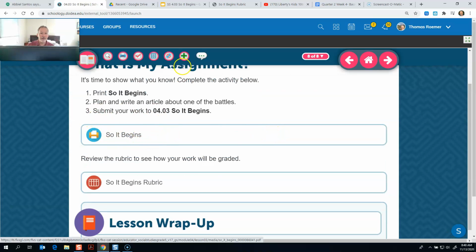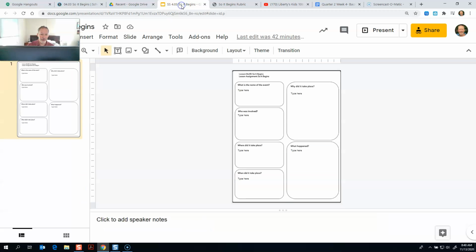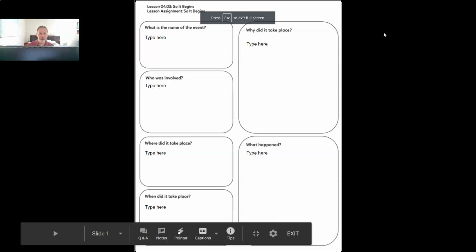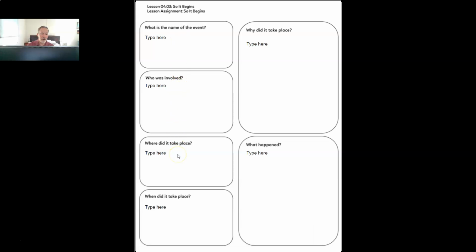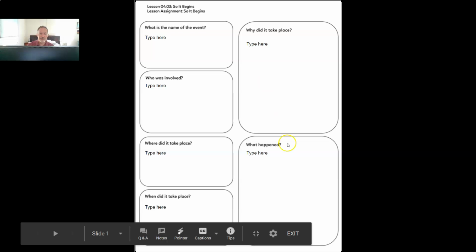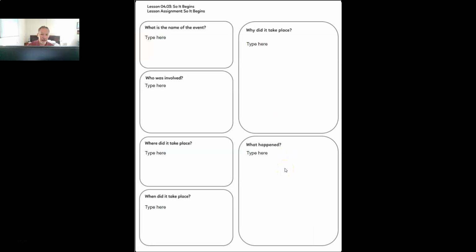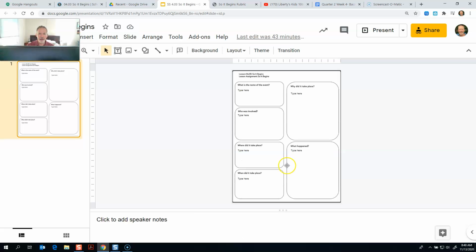Let me see if I can present that to make it a little bigger. So what is the name of the event? Who was involved? Where did it take place? All of these things. You're going to be picking one of the battles and then examining these different things about it. So go ahead and do that.